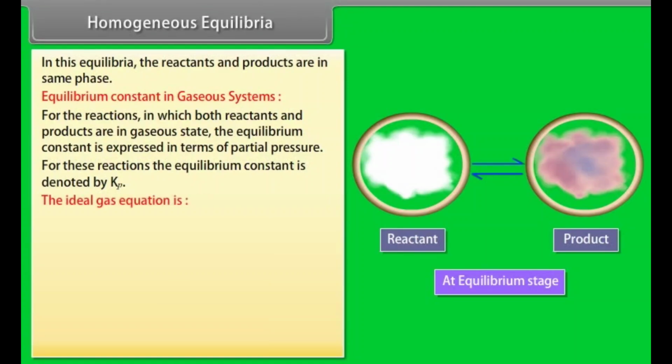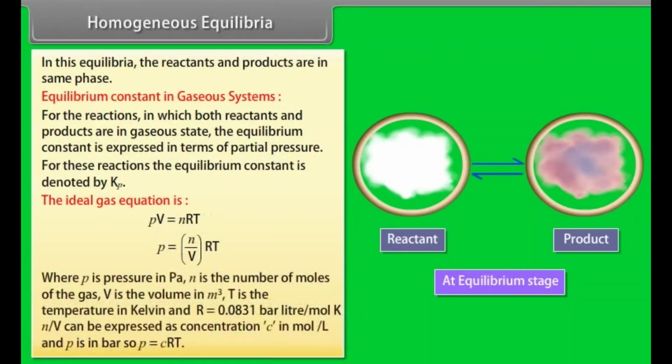The ideal gas equation is PV equals nRT. P is equal to n by V RT, where P is pressure in Pascal, n is the number of moles of the gas, V is the volume in m cube, T is the temperature in Kelvin, and R is equal to 0.0831 bar liter per mole Kelvin.